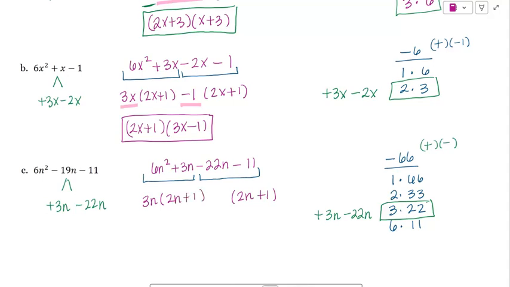Make sure that's right. Good. Okay. And so now looking at these two terms, I would have factored out a negative 11 to end up with the 2n plus 1 in parentheses. Now the two terms both have this set of parentheses in common that can be factored out to the front. And after I do that, I'm left with 3n minus 11.